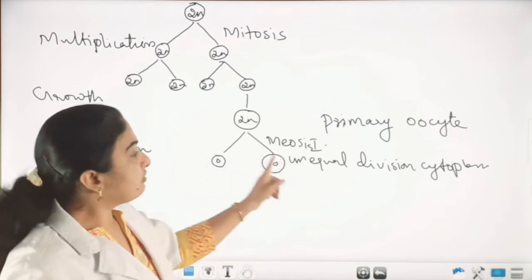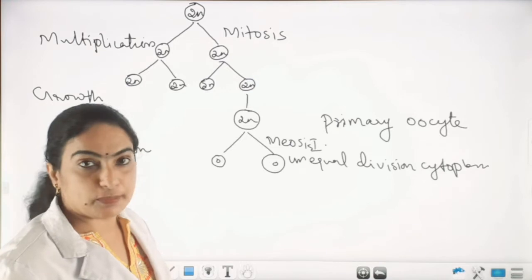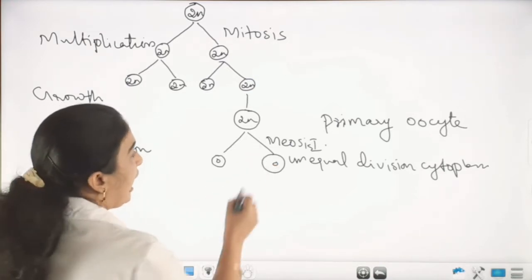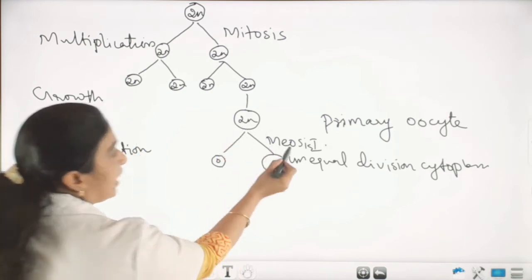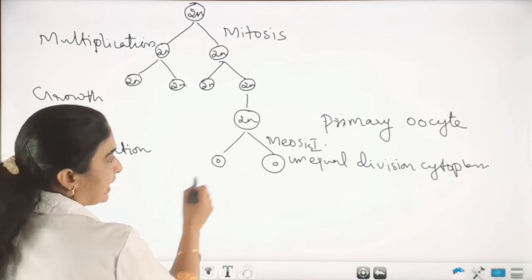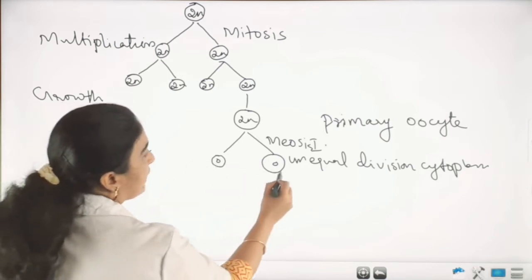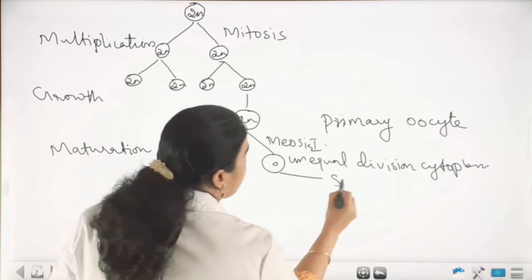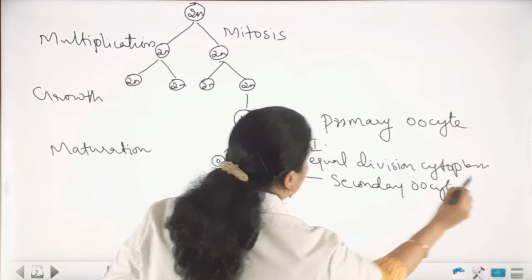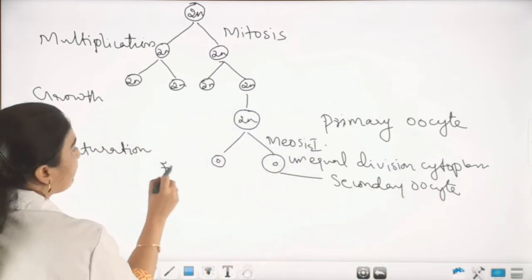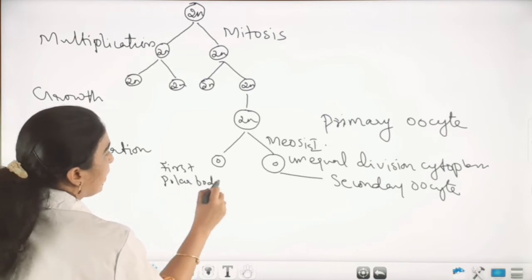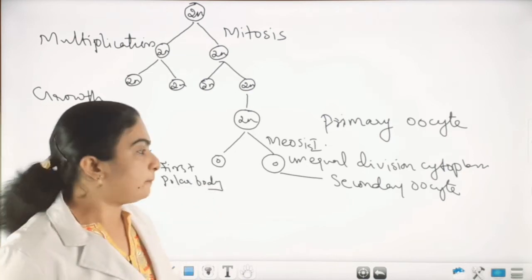Is it clear? So this is the unequal division of cytoplasm, and this is meiosis 1, first meiotic division. And this primary oocyte undergoes first meiotic division to form two unequal cells or two haploid cells, and this cell is known as secondary oocyte. And this is the secondary oocyte, and this cell is known as first polar body. First polar body. So clear.